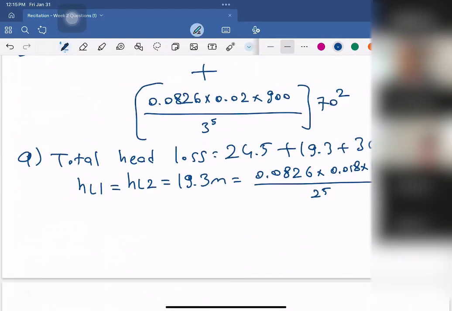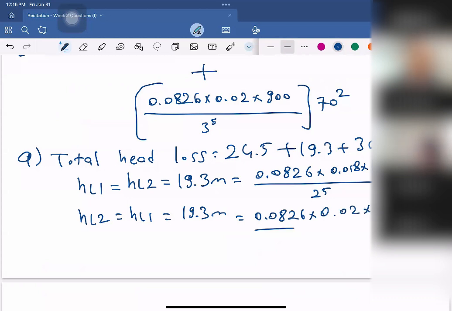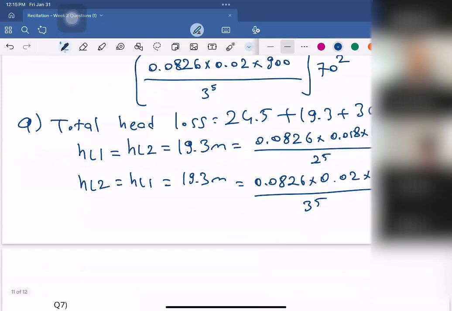Similarly, head loss 2 was equal to head loss 1, and this time we have a friction factor of 0.02.